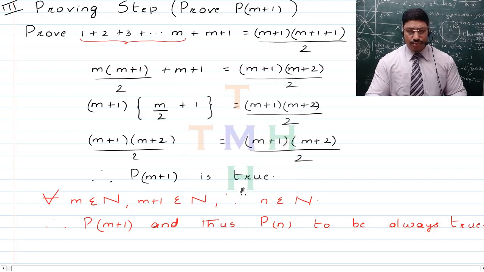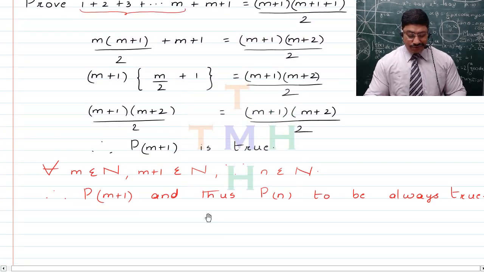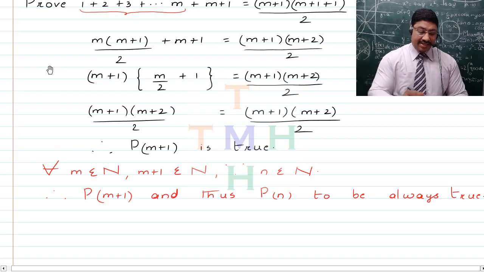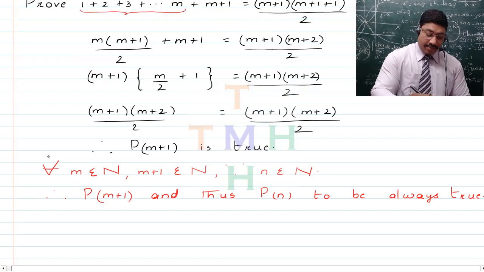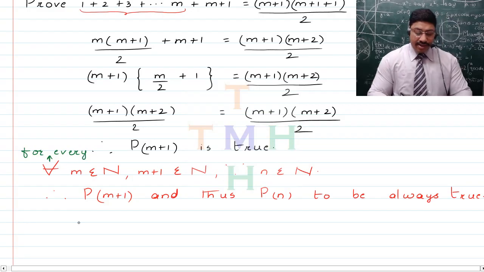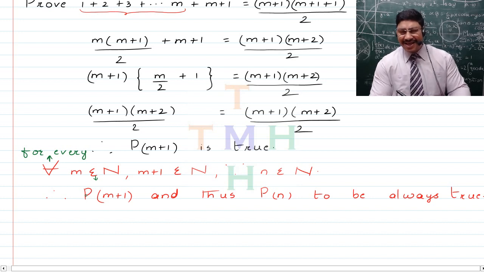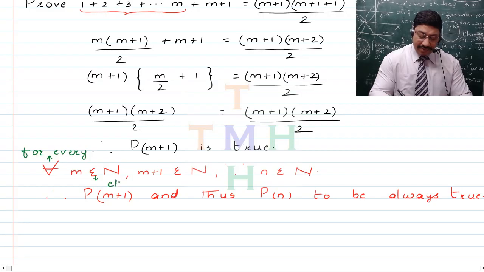Now comes the statement which is quintessential for every sum in the principle of mathematical induction. We say this, that is for every. Do remember that this actually represents a sign in mathematics which stands for every, right? So for every m, now this sign which almost looks like E or epsilon in physics, is actually what is element of.